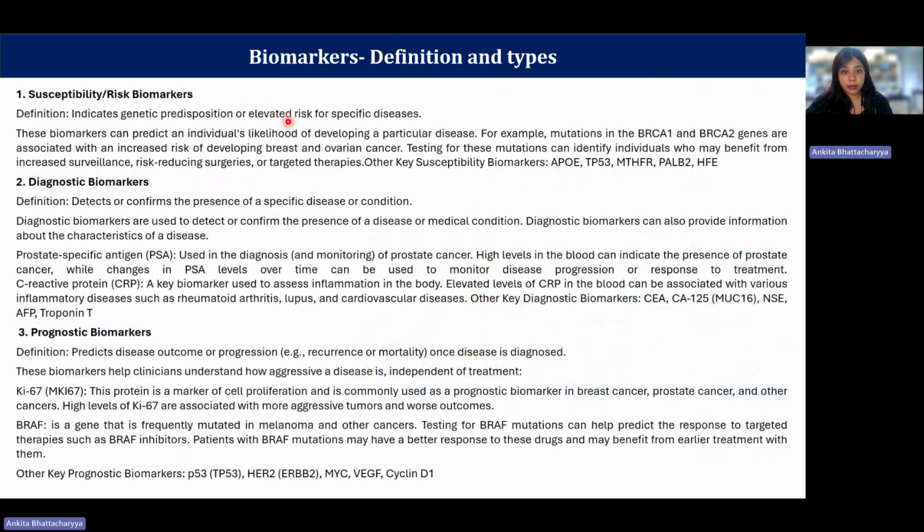So if we learn about each of these biomarker types one by one, the first is susceptibility or risk. So what do I mean by that? It basically indicates the genetic predisposition or the elevated risk of certain diseases.